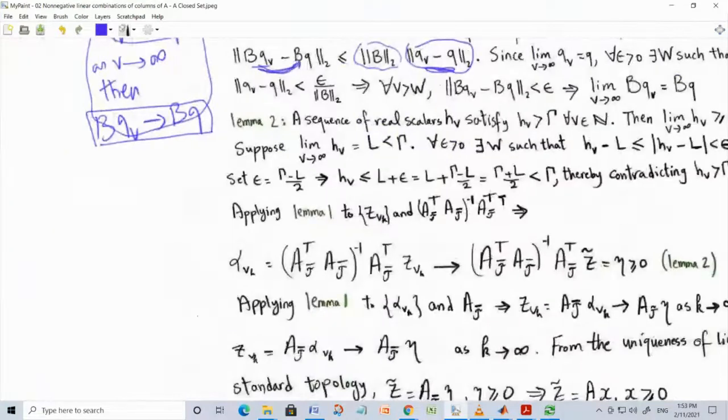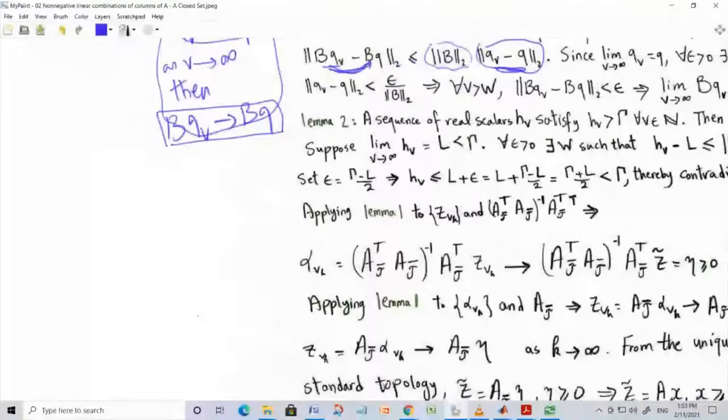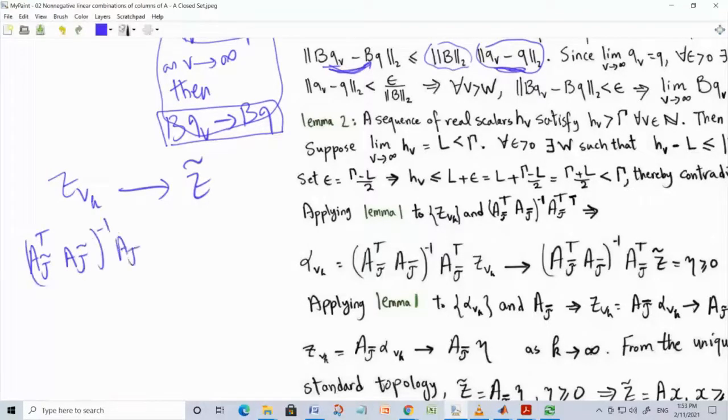Okay, so here is the idea. We know that Z of Vk converges to Z tilde. Okay, then if we multiply by this, this statement is true.